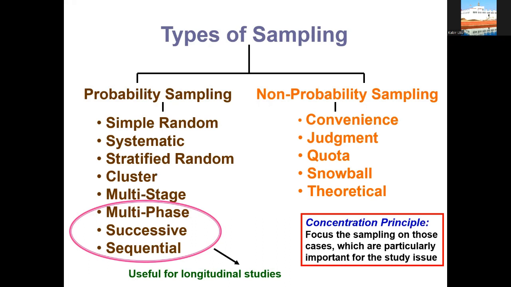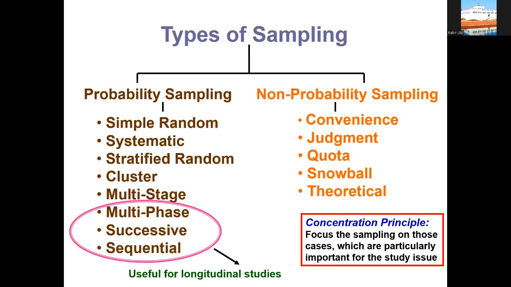So we are discussing probability sampling, that is simple random, and there is a systematic plan of the survey or sampling method. We'll discuss one by one, and then again we'll put more emphasis on the multi-phase, successive, and sequential because these three are related with our discipline of Buddhist studies.